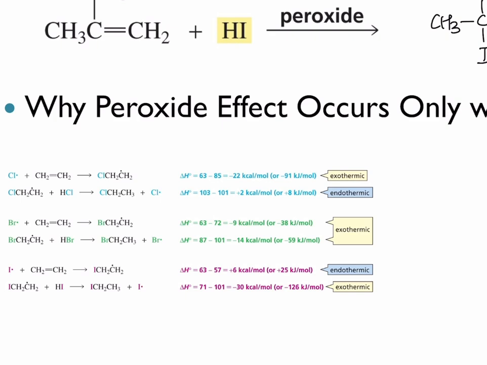So the termination step by default is going to be exothermic, right? Because there is bond formation. And because there is at least one step which is endothermic in the HCl addition and the HI addition, the propagation step cannot compete with the termination step, and therefore it's not possible for us to get the radical addition product. There is only electrophilic addition happening in HCl and HI even though you add peroxide to it.